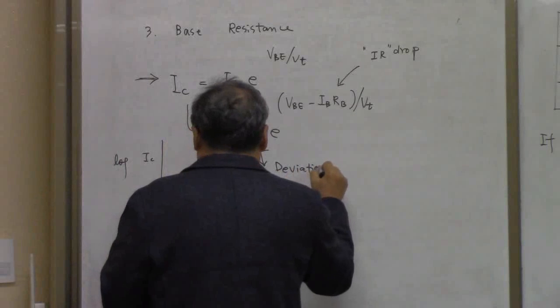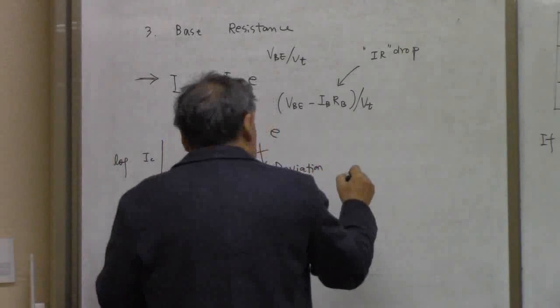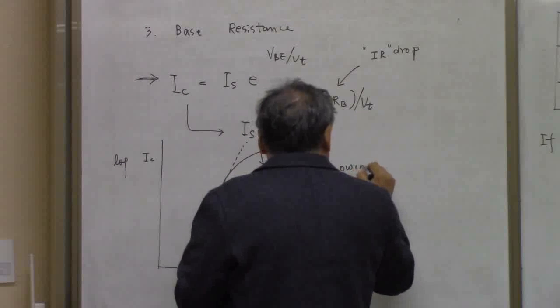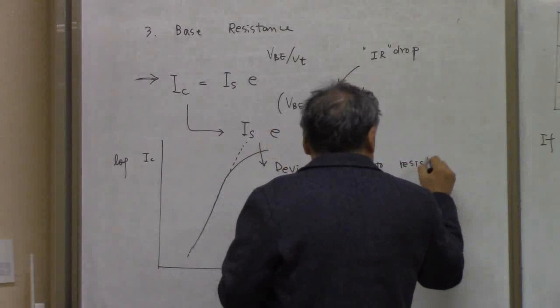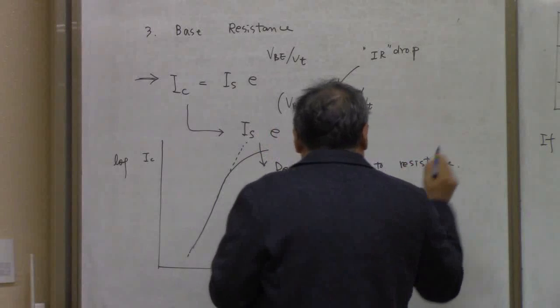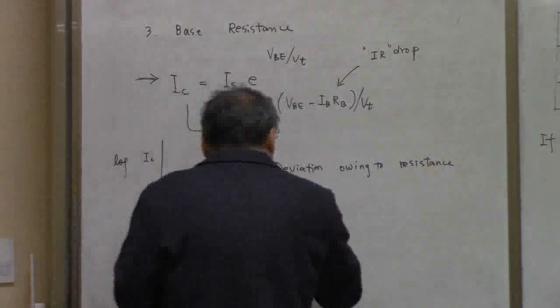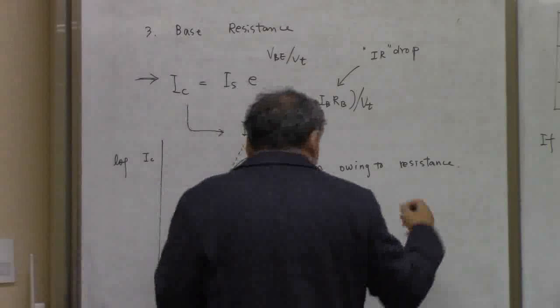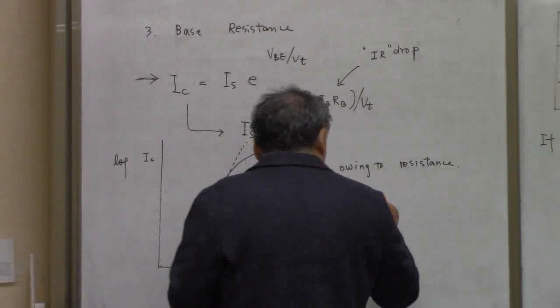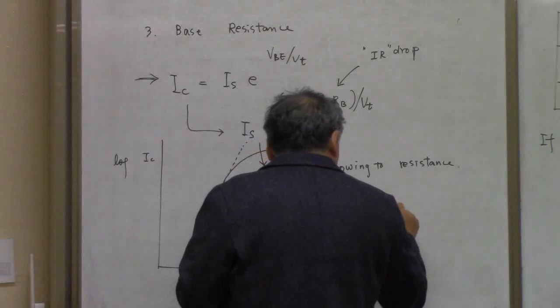Deviation owing to resistance. So we again have a decrease in the beta gain at high current.